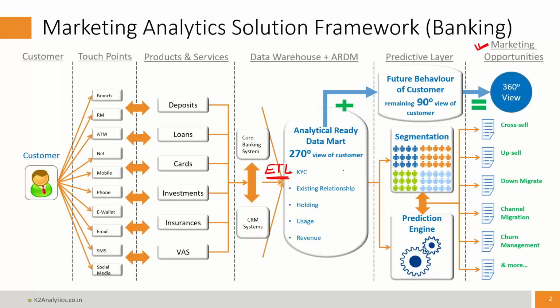However, please note, this data can also be used for risk management, because you have the behavior of the customer. So this is not restricted only to marketing opportunities. This analytical ready data mart is also useful from a risk management perspective, because that also forms the behavior of the customer.